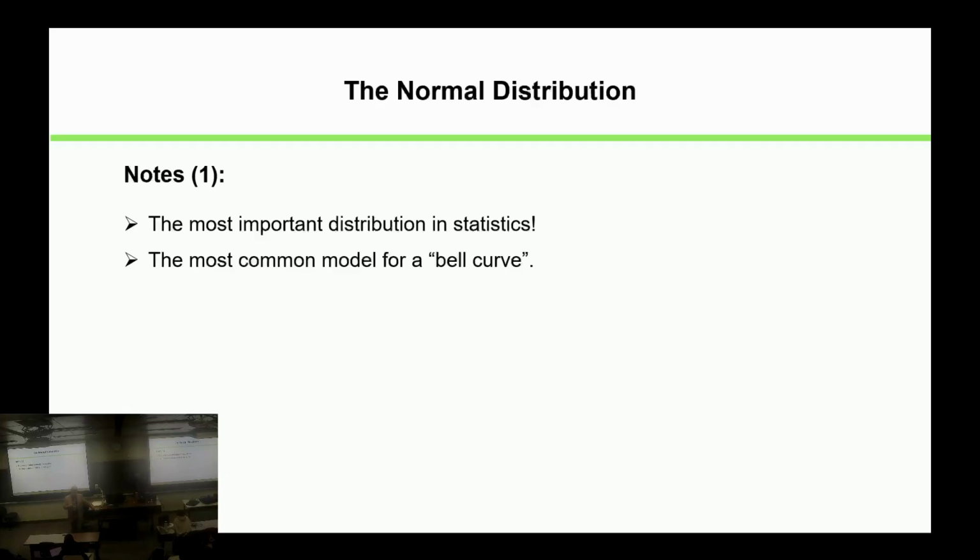They found that so many of these measurements had these approximate bell curves that it was kind of thought that a normal distribution, this bell-shaped distribution, was essentially normal in nature.